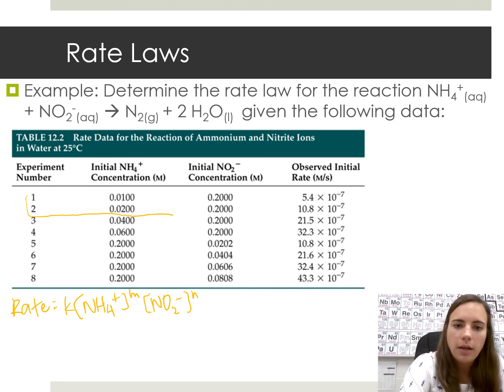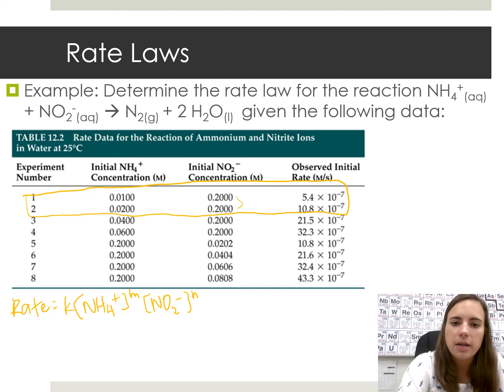And if I look right here in trials 1 and 2, my concentration of nitrite stayed the same, but my concentration of ammonia changed. So as you saw in the previous slides, this is going to cancel because they stay the same, and my rate constant is going to cancel because rate constants stay the same.